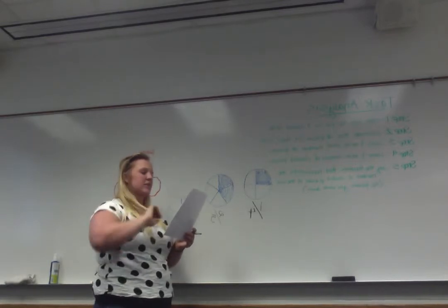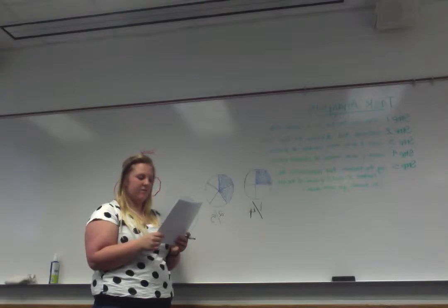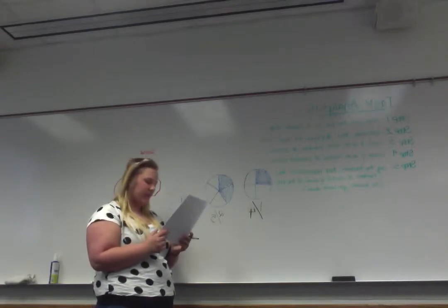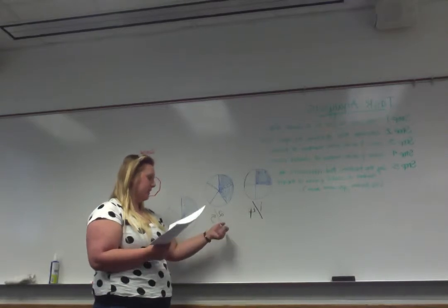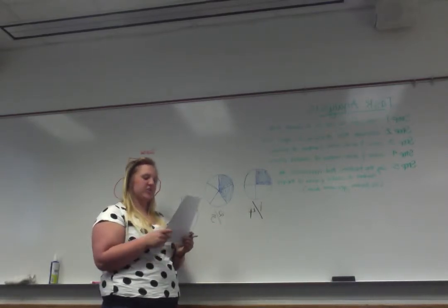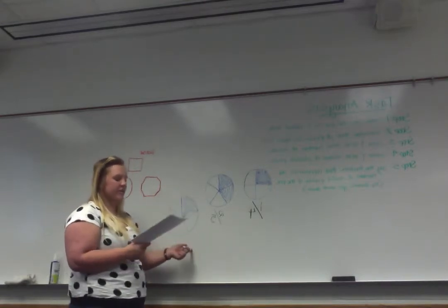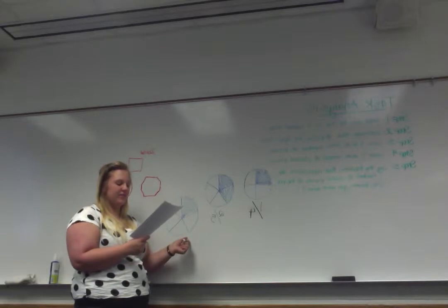Okay, so together, what is our last step? Say the fraction that represents the number of shaded pieces of the pie. Perfect. So, say the fraction we wrote down. 2/5. Great job.